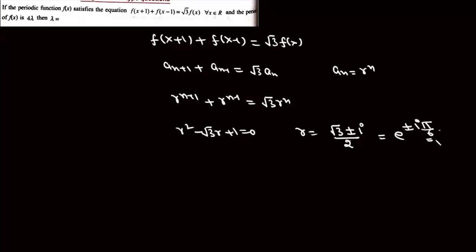So here this argument moves by π/6 per unit. So the period of this function will be 2π divided by π/6, which is 12. So again we can write 4λ equals 12, or the value of λ equals 3. So in this case, the value of λ is 3.